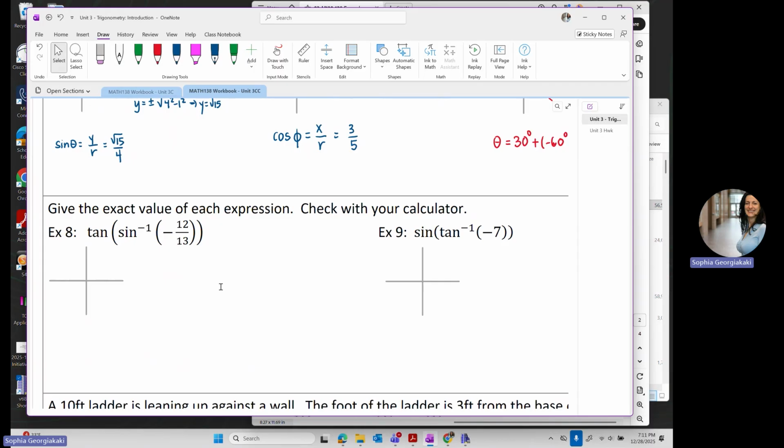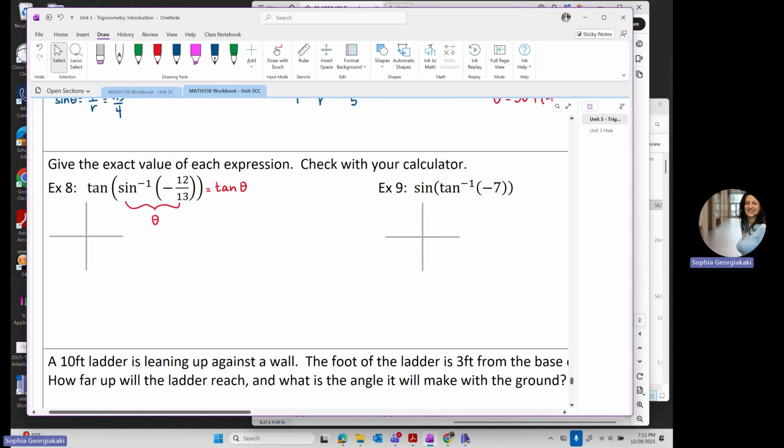The problem on the test will ask you to sketch the angle in the correct quadrant and clearly label x, y, and r with their values. You have to understand that the inverse function is an angle. Let's call it theta. You are being asked to find the tangent of theta and sketch theta.